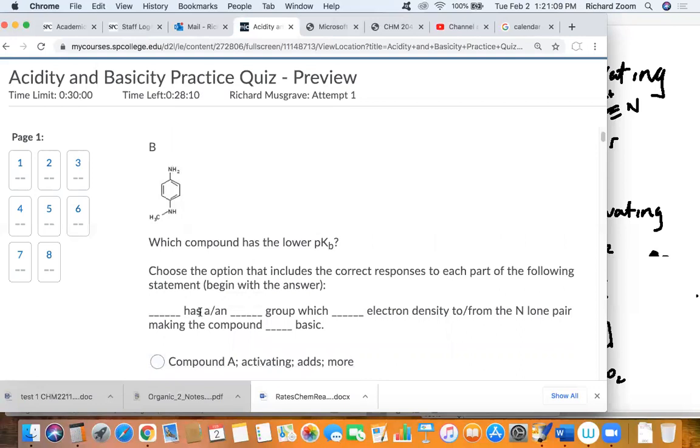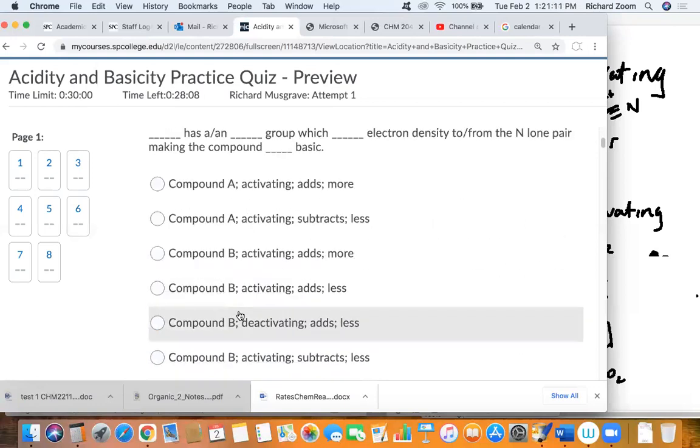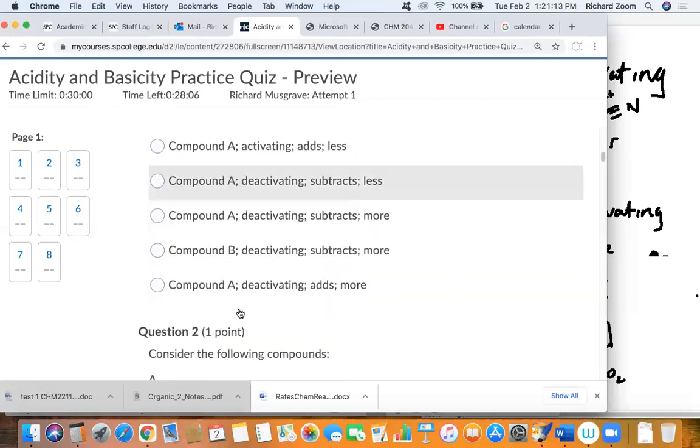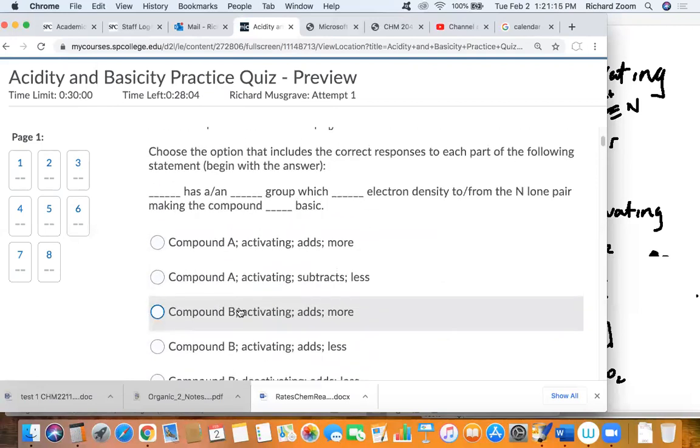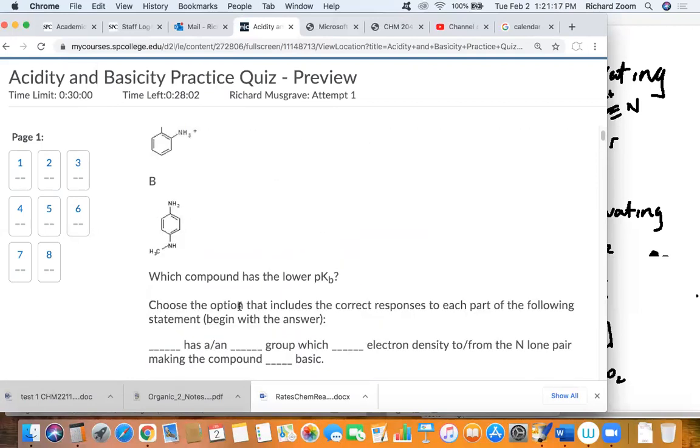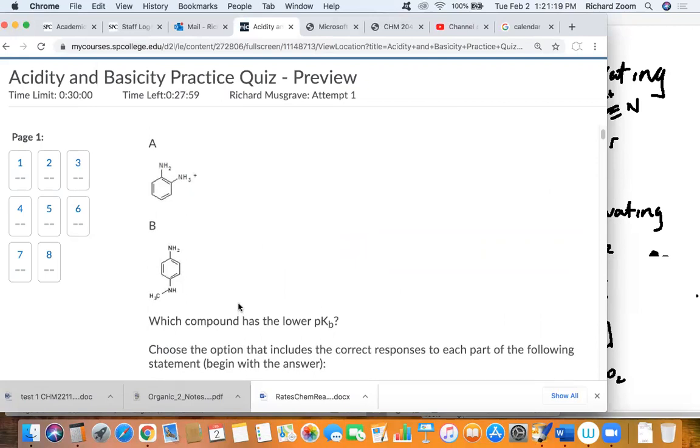So you're being asked to fill in the blank here, and I think there's 16 possibilities, and you've got to figure out which one it is. So lower pKb, that would be the one that's most basic. That would be the one that has the activating group on it.